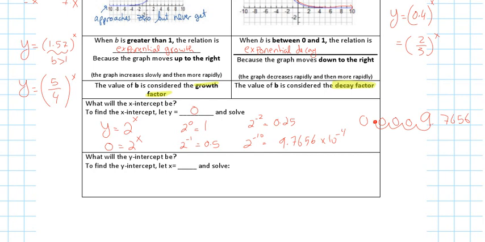Unless later, if you take any other courses and you're looking at transformations, then it touches. But in the case of just this, there's no transformation, so it will never have an x-intercept. It's never going to equal zero.